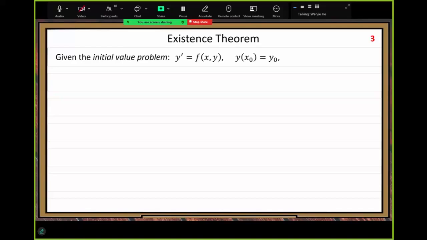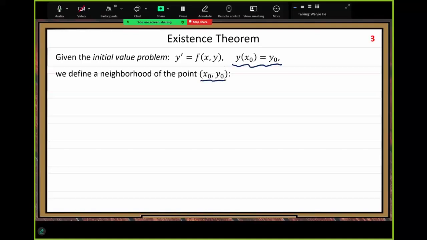Given the initial value problem y prime equals f function with two variables, x and y, and the initial condition y of x0 equals y0. Then we define a neighborhood of the point, because the initial condition occurs at this point.